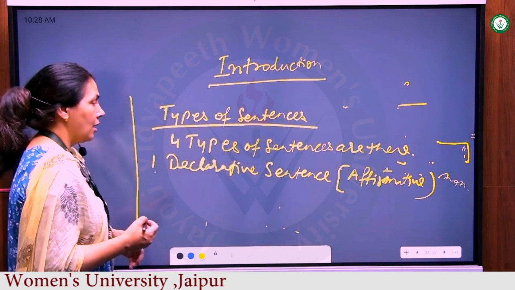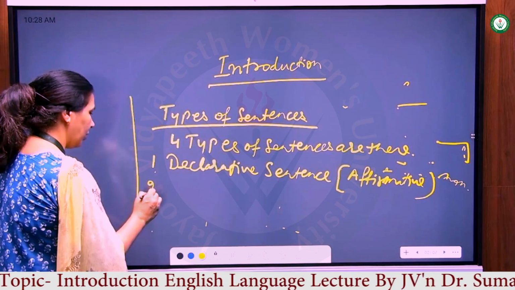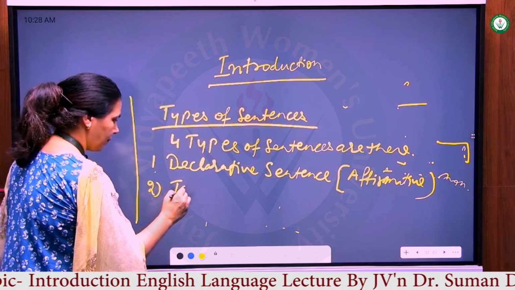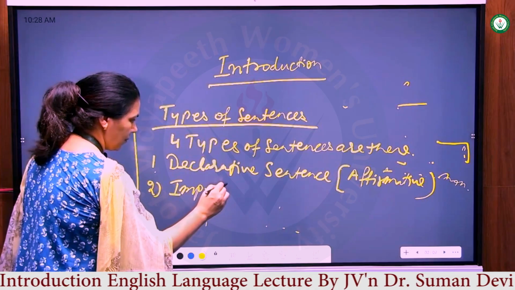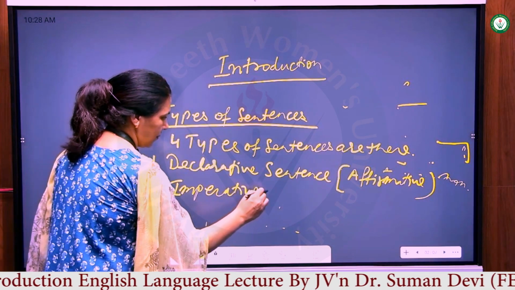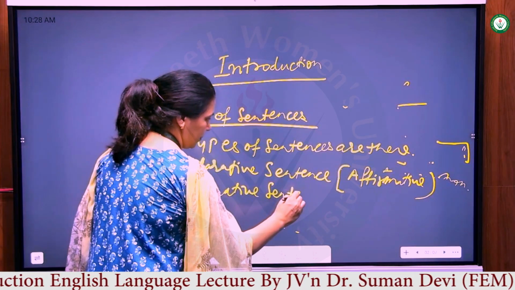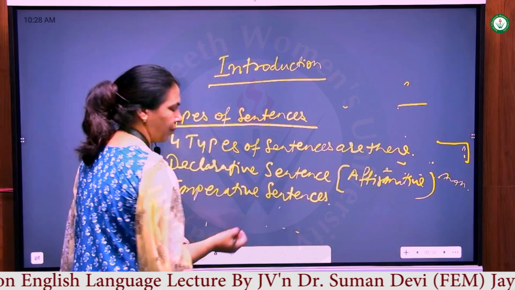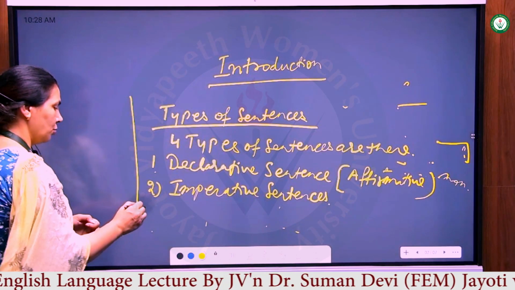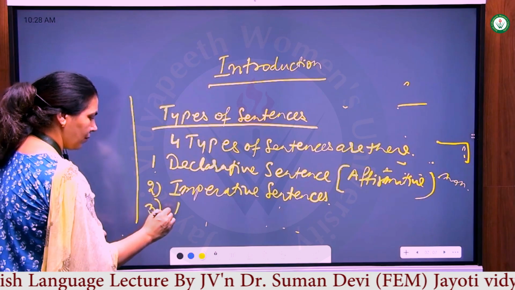Clear? Now the second type is imperative sentences. The third is interrogative.